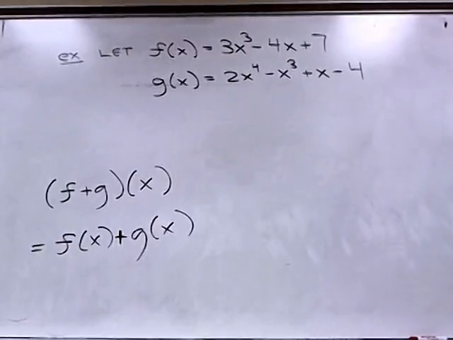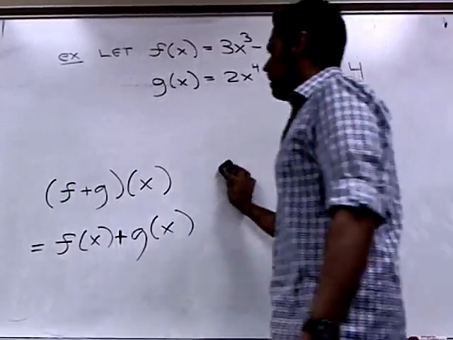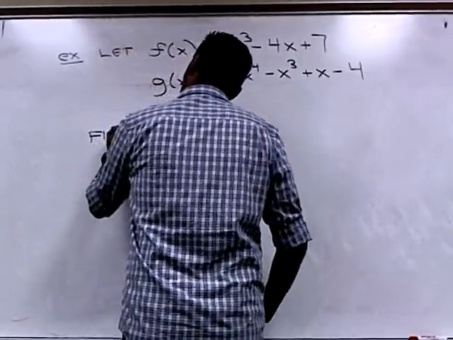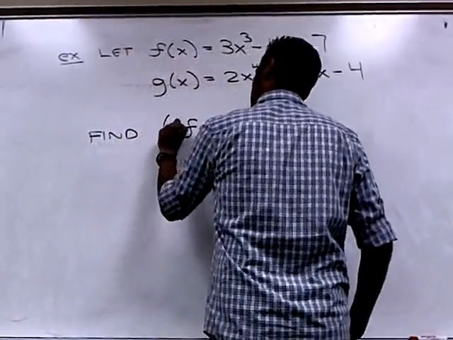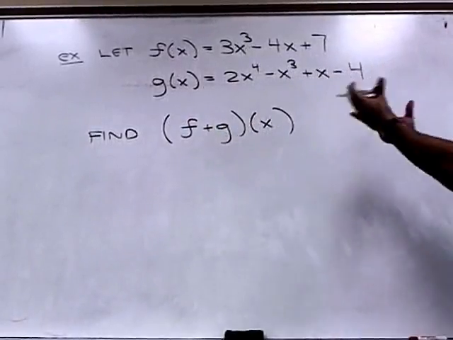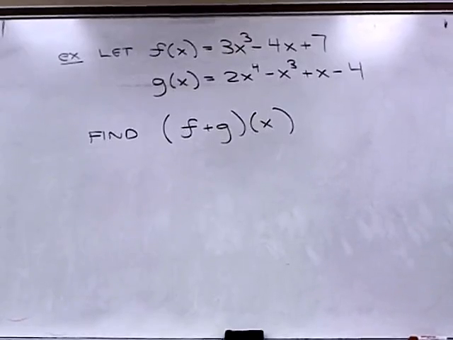And now I ask the question, okay? So I've provided you two functions, and now I'm going to ask you to find this. Right? That's the way it would appear on a test, just like that.